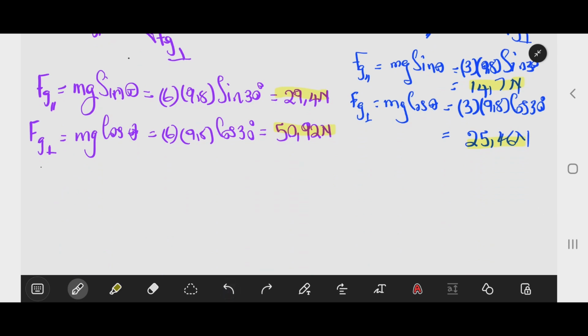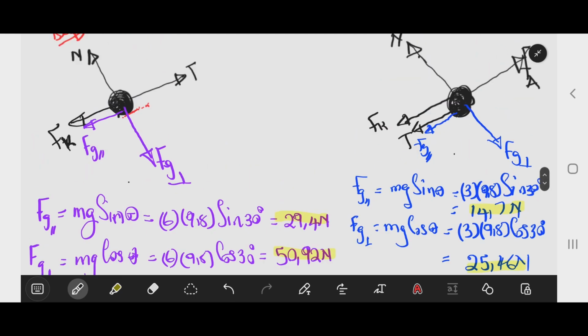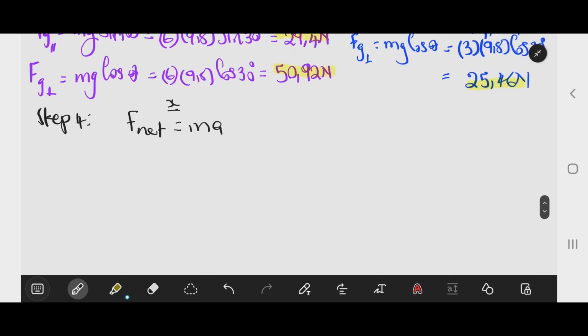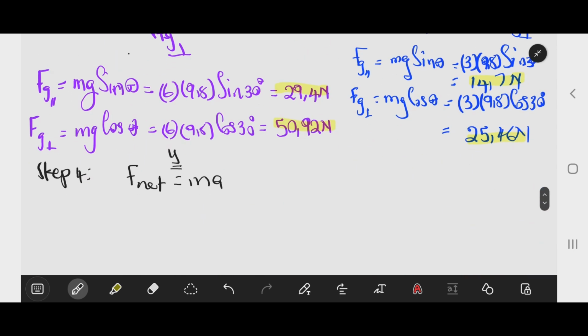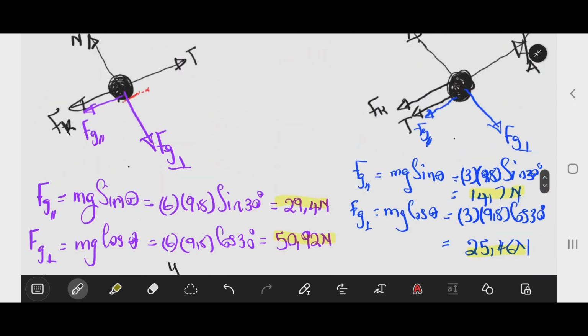Step number 4, that is F net equals ma. Remember, in the x direction, right? So how many forces are in the x direction? Oh no, we should perform in the y direction first. So how many forces are in the y direction? We have 2 forces in the y direction, which is the normal force and Fg perpendicular, right? Normal force will be positive.